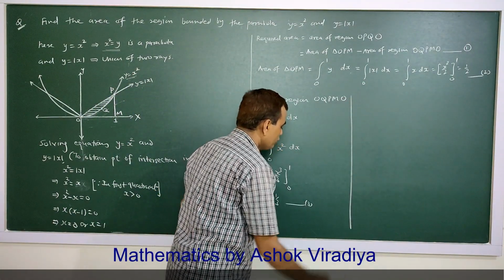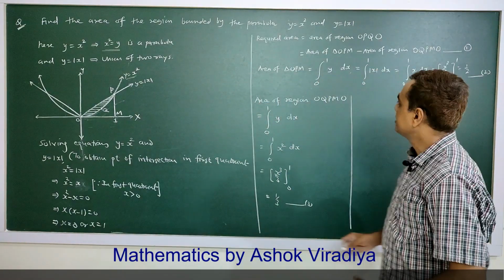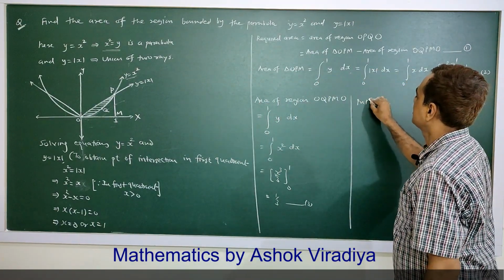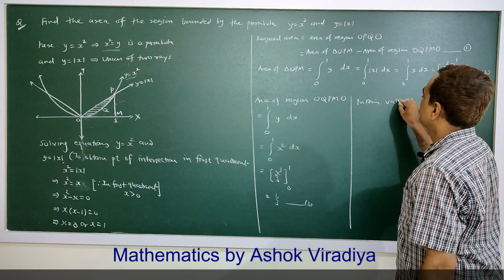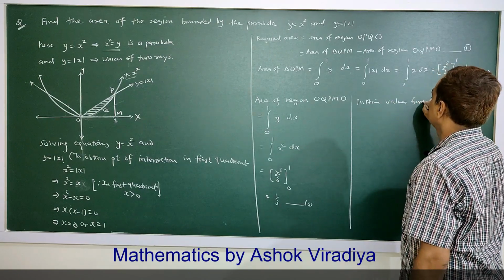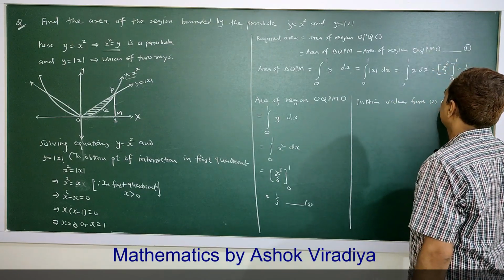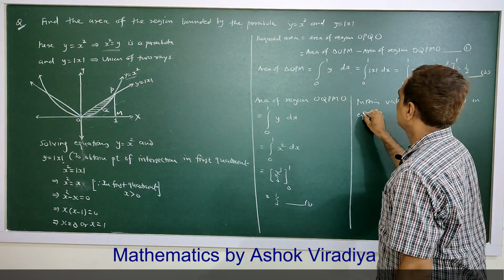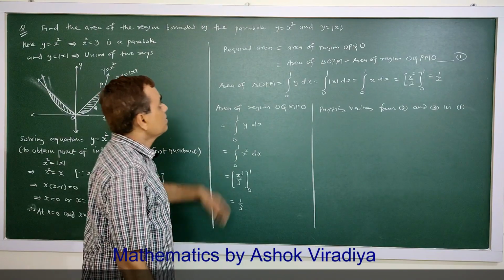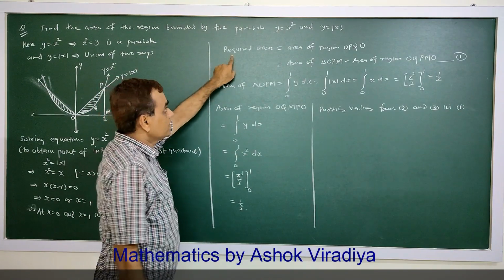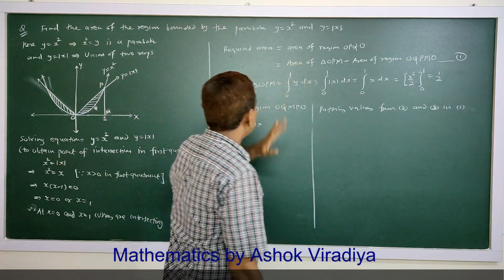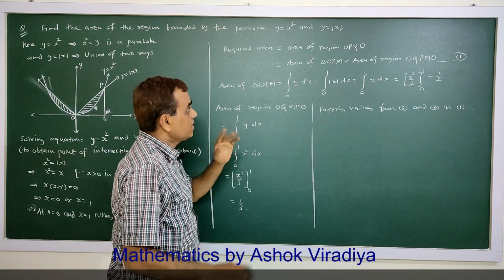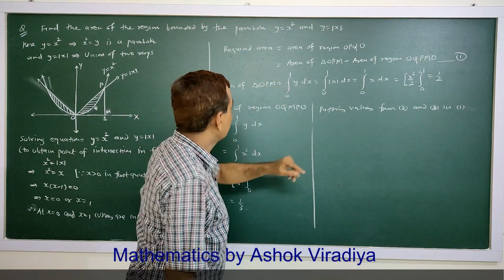So putting values from 2 and 3 in equation 1, the required area is... here I have done one mistake.